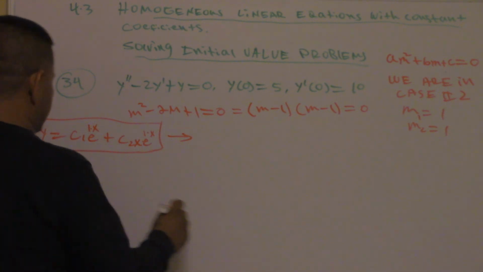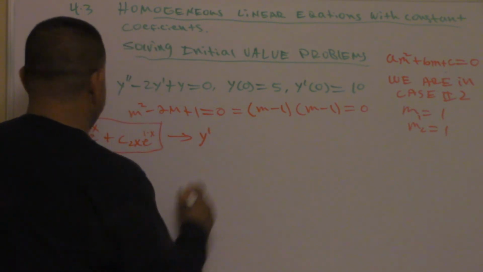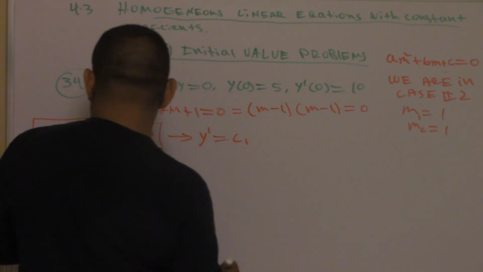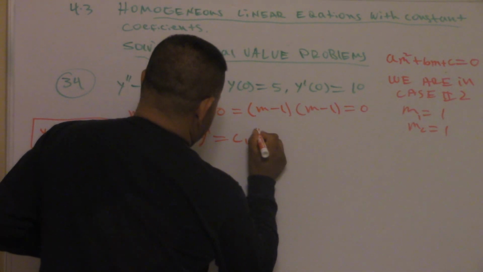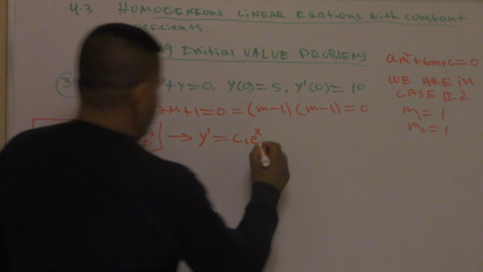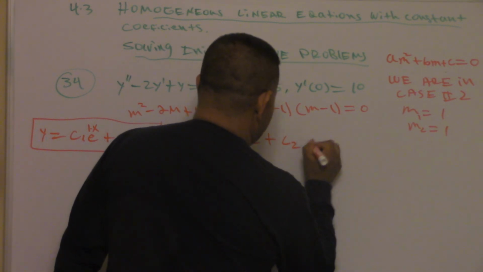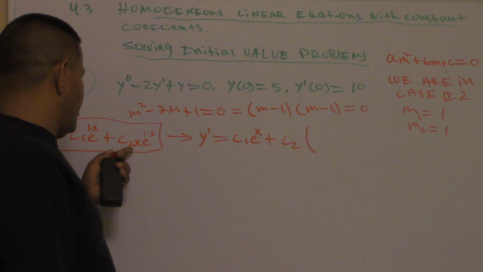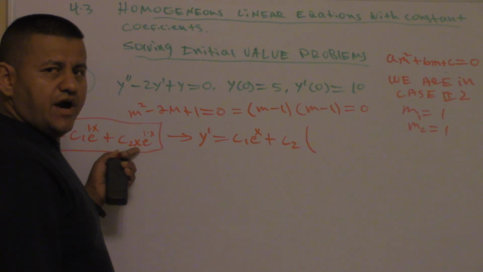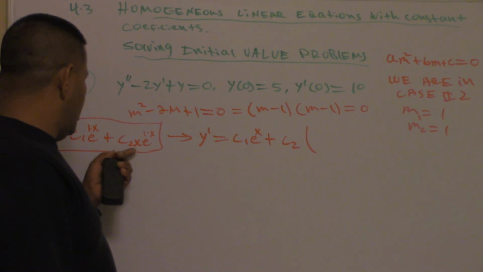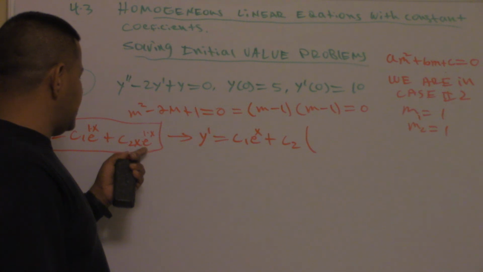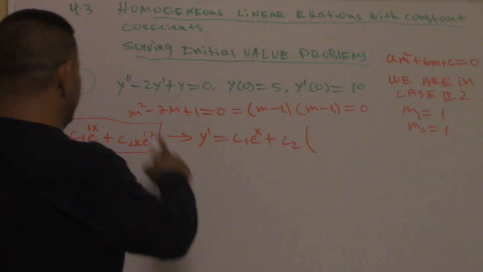When I take the derivative of this, what do I get? I get y prime equal C1 e to the x, plus C2, and I'm going to put the parentheses right here, because in this case I'm going to use the product rule to find the derivative of this piece right here, because remember that I have an x multiplying e to the x, so I need to do the product rule.